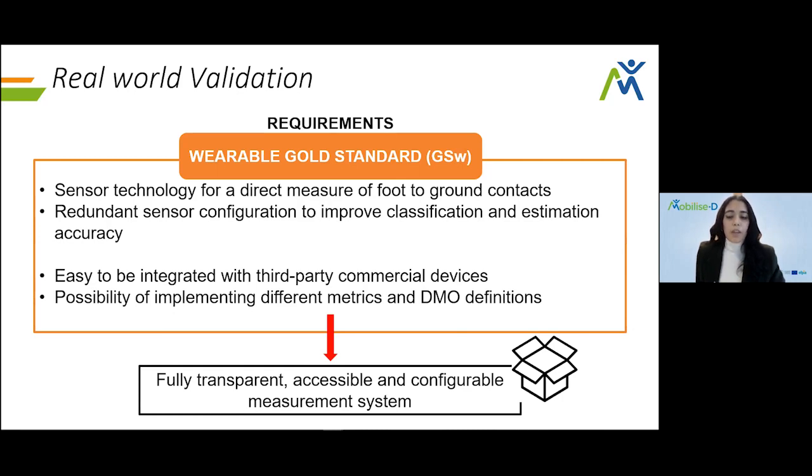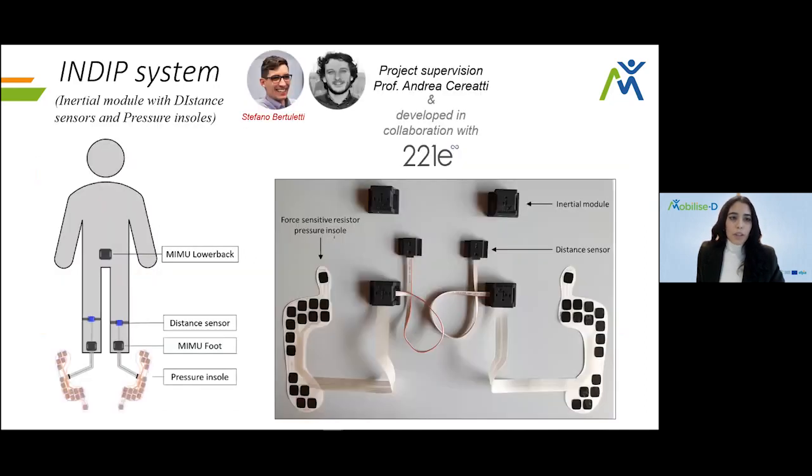In particular, for the last two requirements, we need a kind of white box, so a fully transparent, accessible, and configurable system in order to easily access the logic and the inner components and satisfy all the project requirements. And that's why a commercial device was not suitable for this project. And with this in mind, we developed our homemade multi-sensor wearable system, which is called the INDIP system, to be used as a reference out of the laboratory.